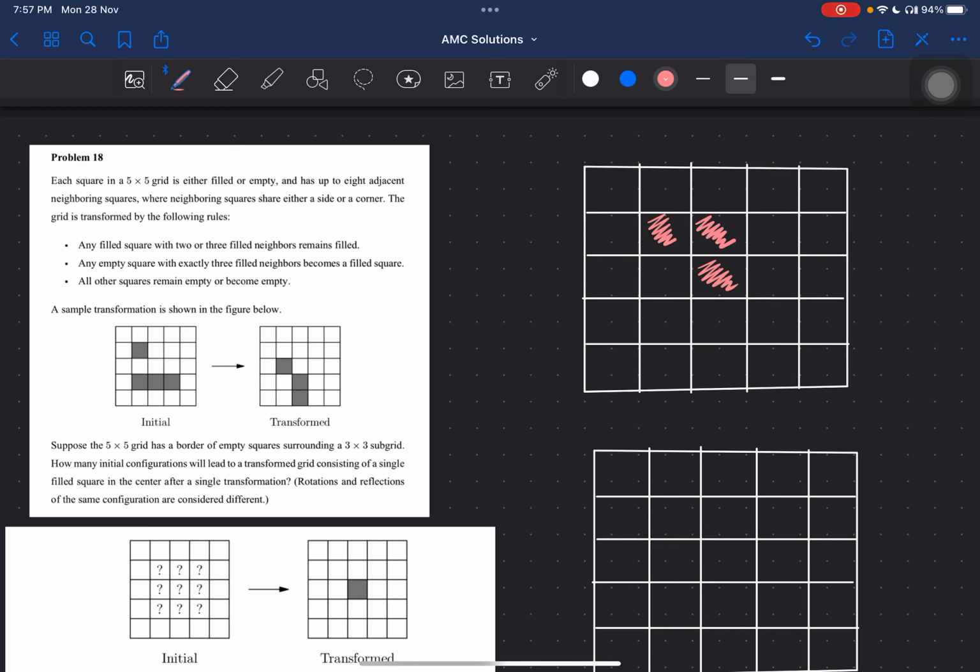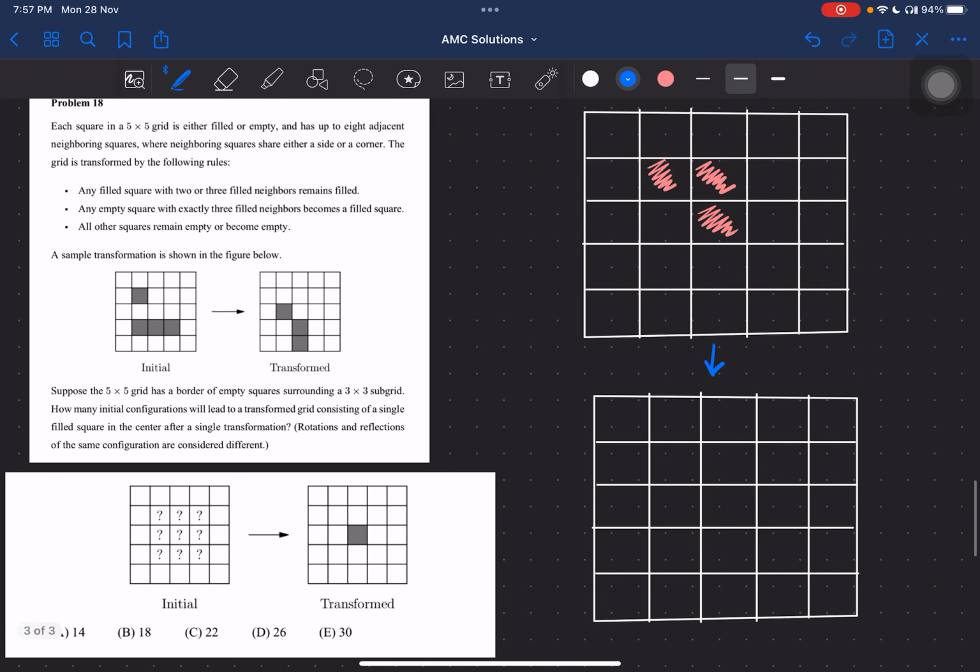Then what will happen after the transformation? If you see this one, it has one neighbor and this neighbor, so this will remain filled. And this one also has one neighbor and this neighbor, so this will remain filled.